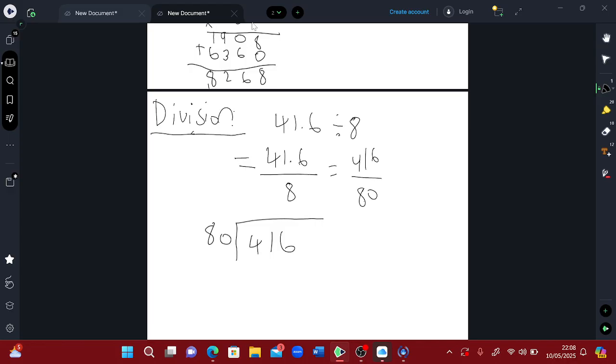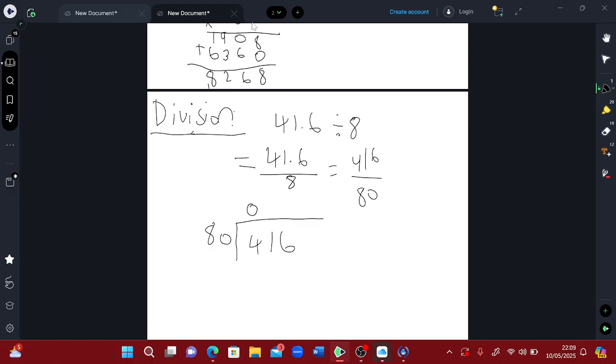Okay. I'm going to move this up here a little bit. There we go. So the way we do this is you look at the right number and you can do it digit by digit, and you want to see how many times this number goes into the digit. So 80 doesn't go into 4, so that's going to be 0.